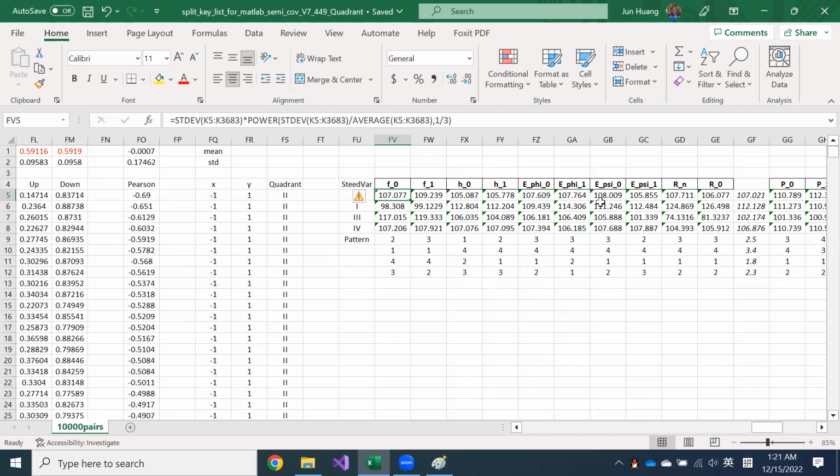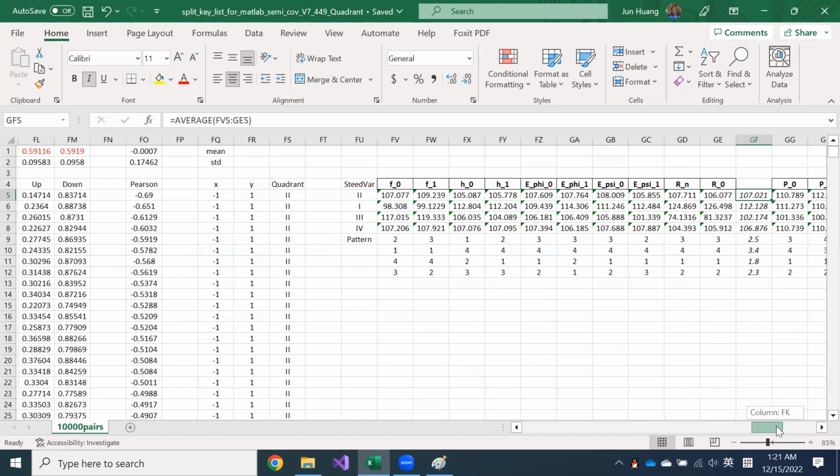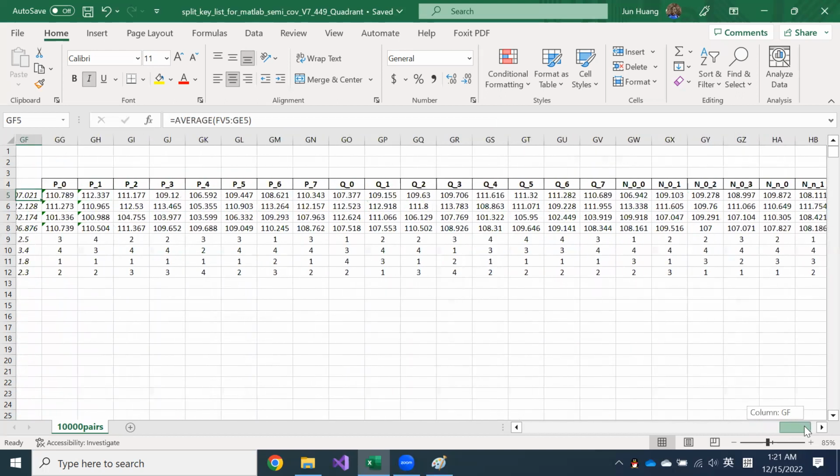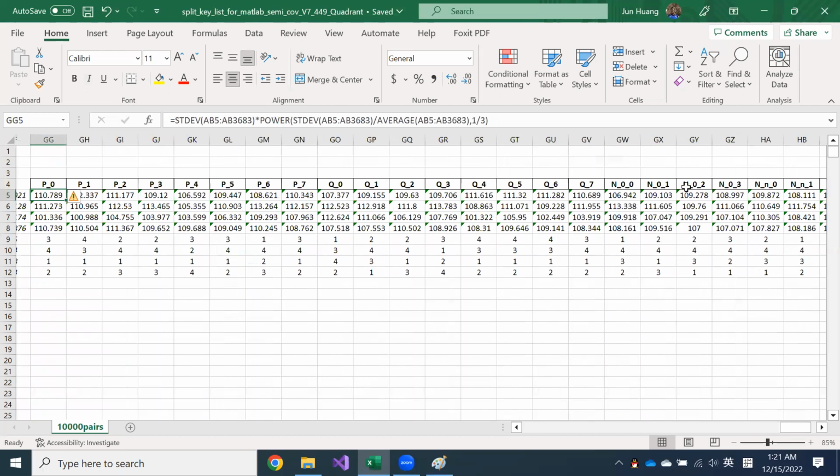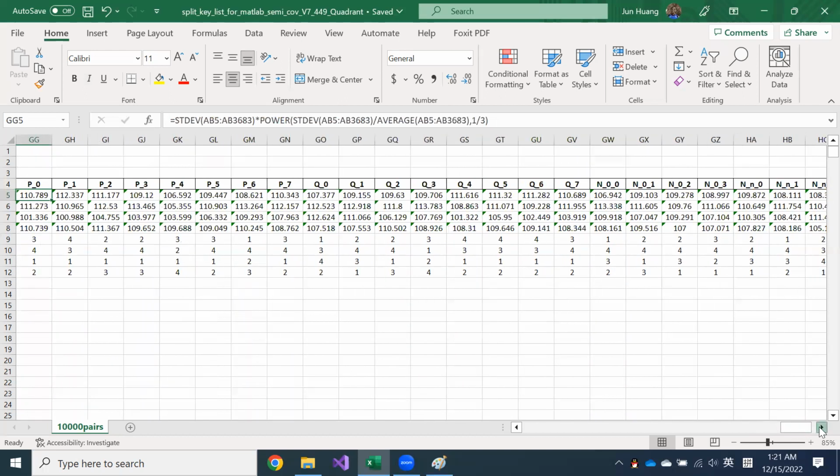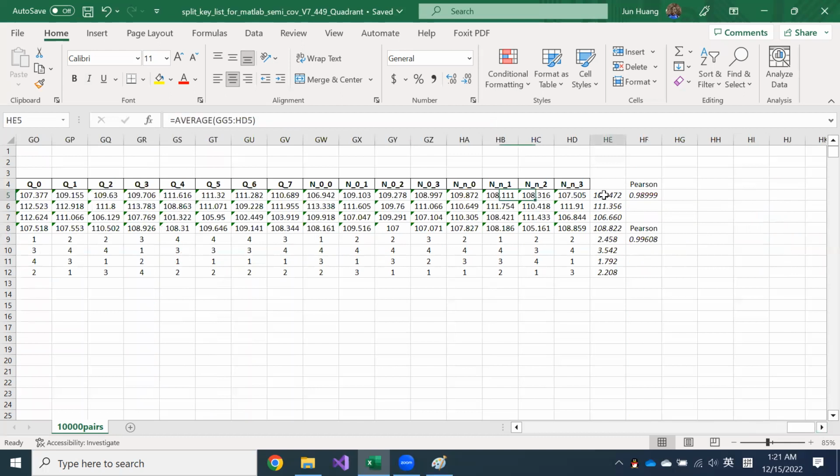After we do this, we find the variance in the different quadrants, and this is the average for each quadrant. That's for the private key. Then if we do the same thing to the public key for the different quadrants, we also get the average of all the public keys in that particular region.